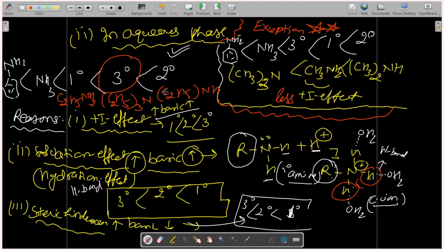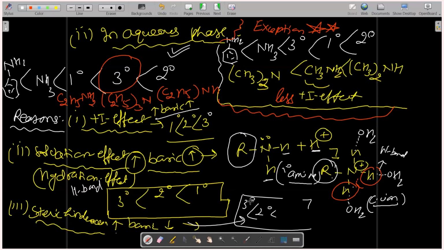Wherever this word steric hindrance comes, immediately repulsion strikes our mind. Hindrance means repulsion, means less. As we have simply discussed, as steric hindrance increases, basic character decreases. So according to this, all of you know tertiary is sterically hindered because there are three alkyl groups.